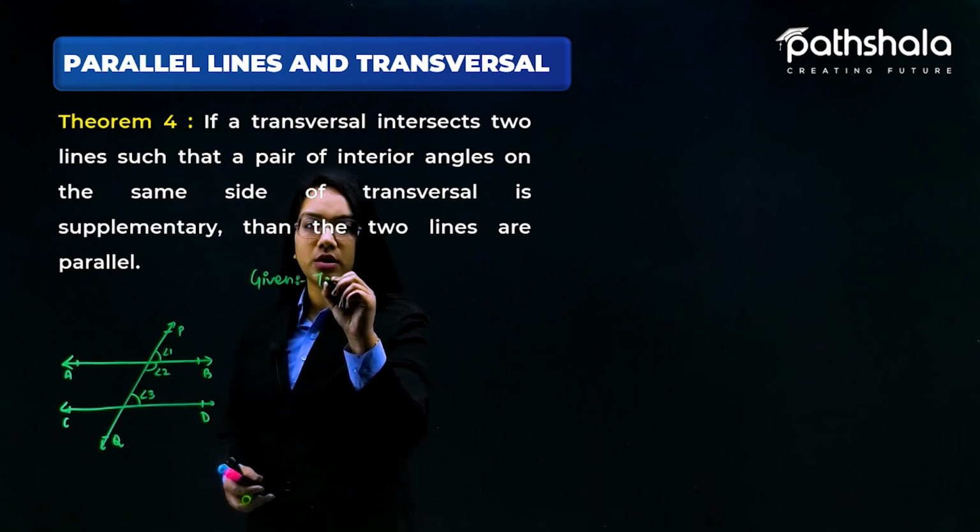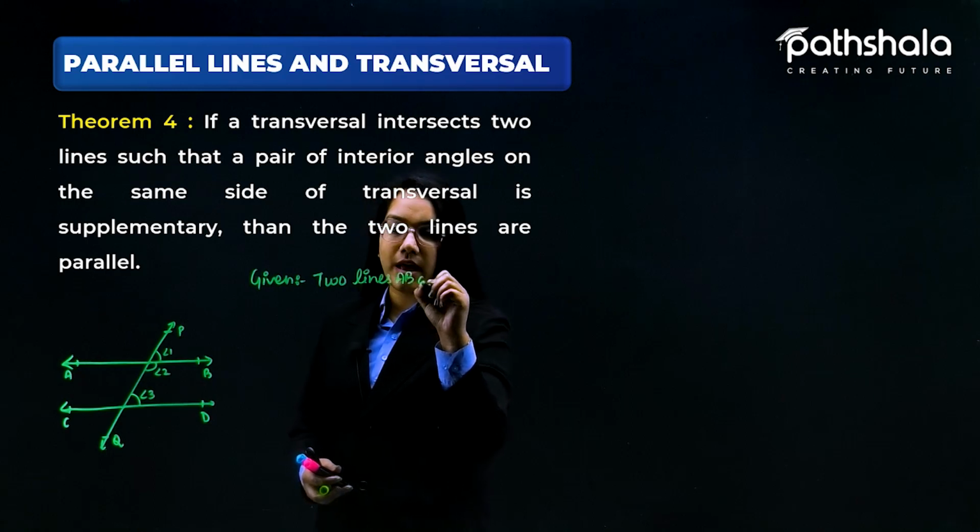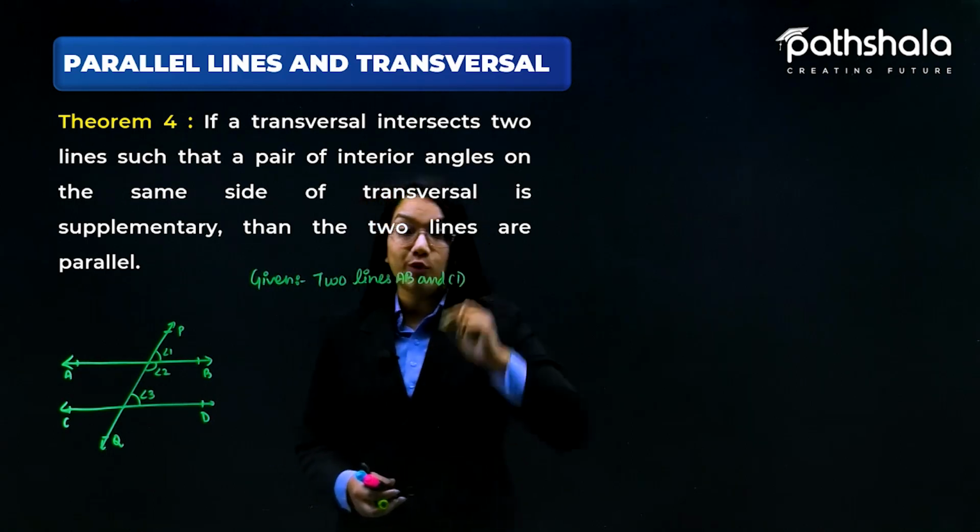The given is: the two lines AB and CD, we do not assume they are parallel, because we have to prove that they are parallel.